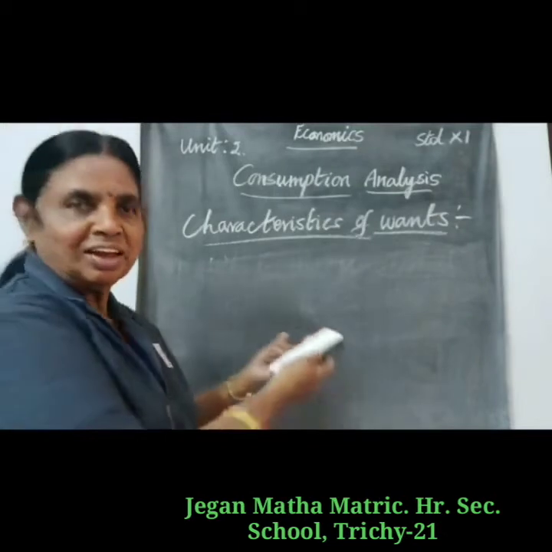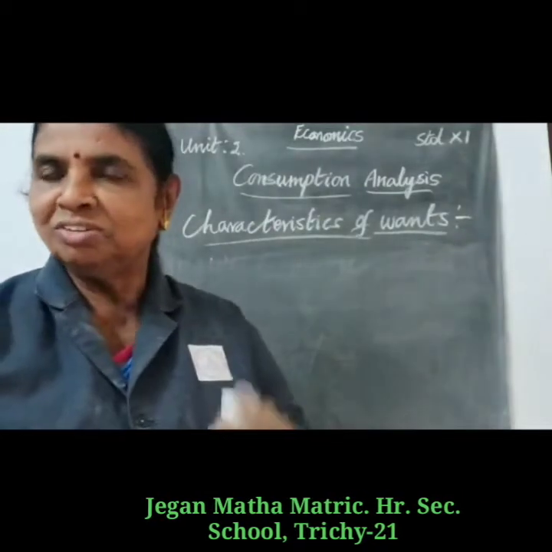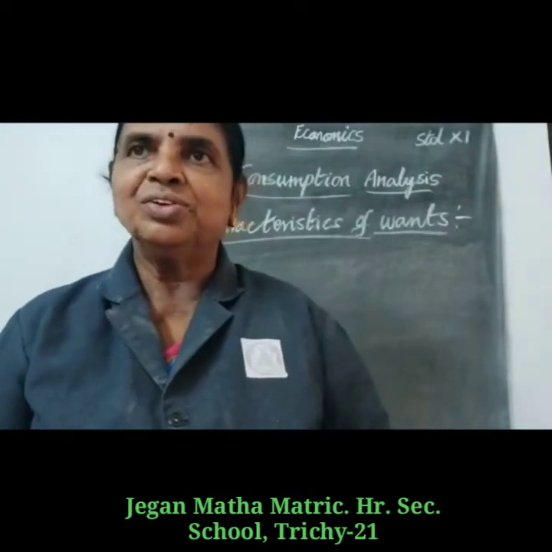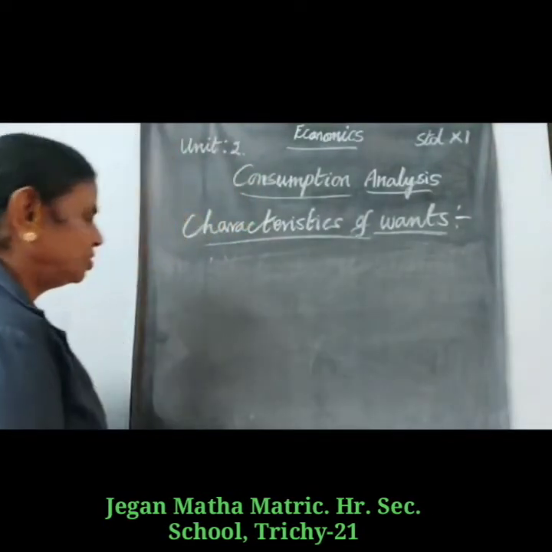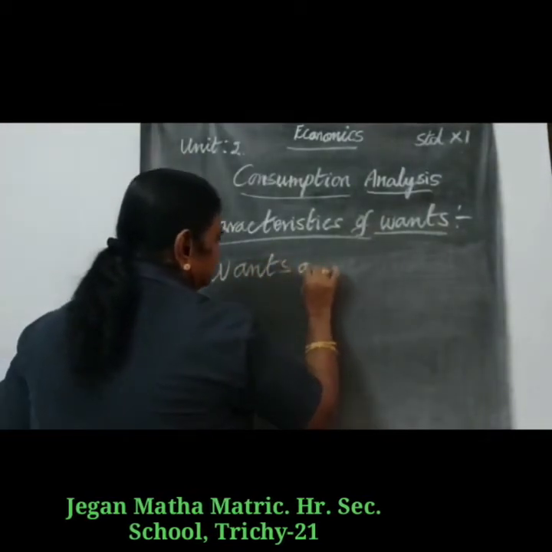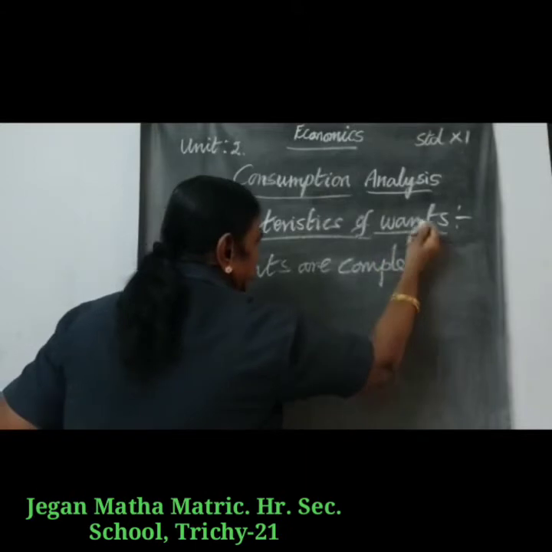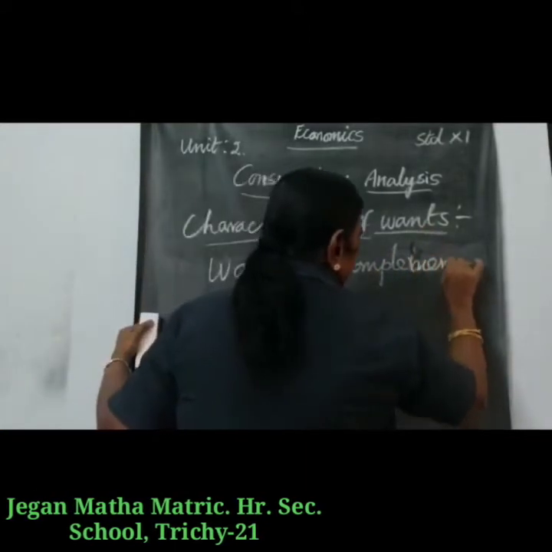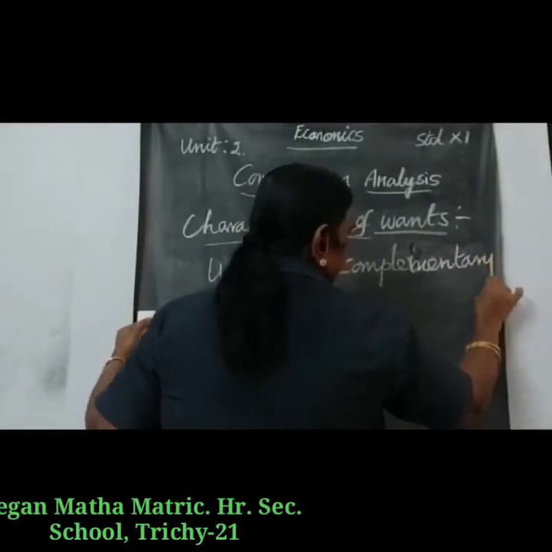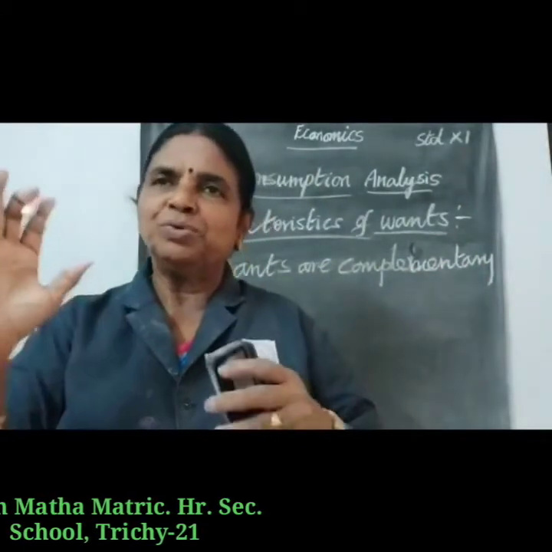Same thing, as I said in the example, blackboard needs pieces of chalk and duster. So wants are complementary. And then it comes with another one also. That's what we say as complementary.